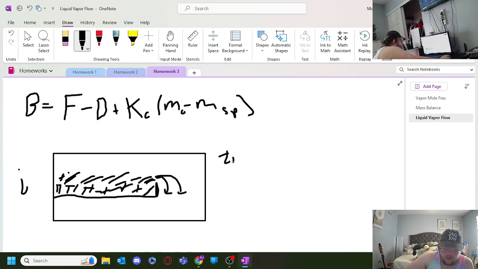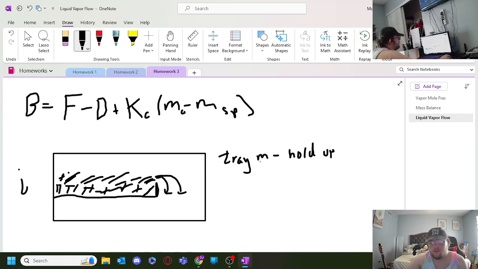So our tray M is our holdup. So that's just the number of moles that will fill this little reservoir here before it starts falling over.